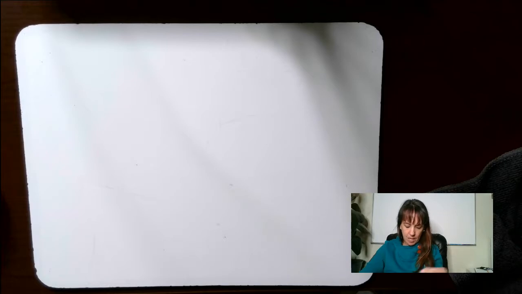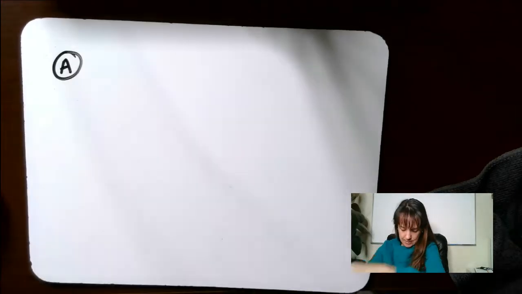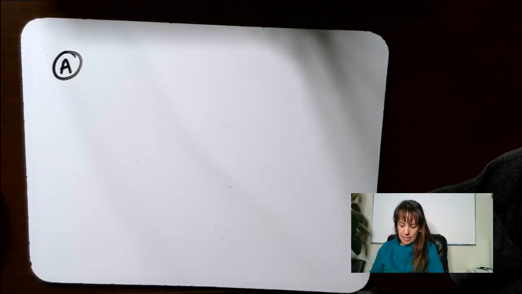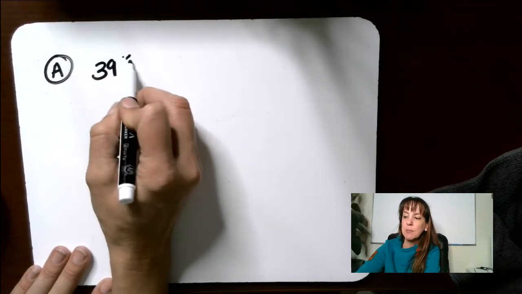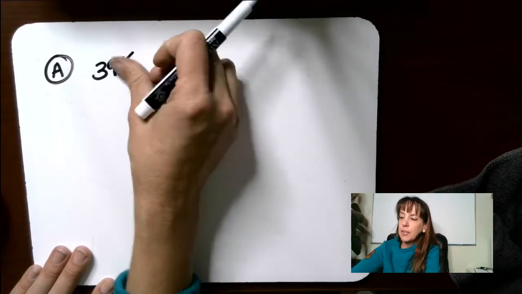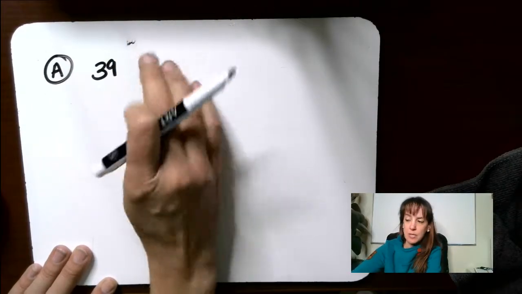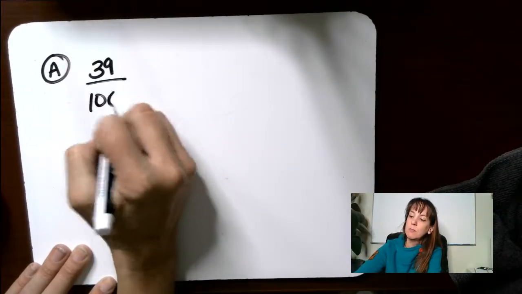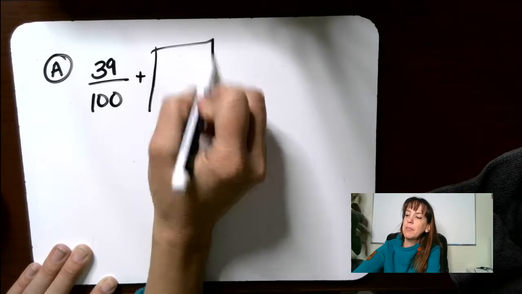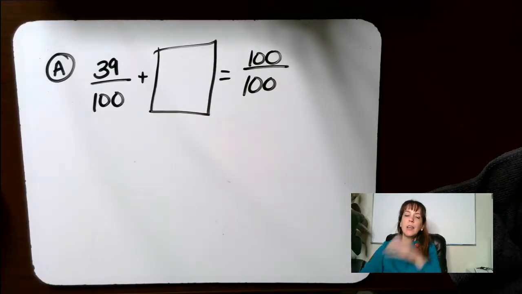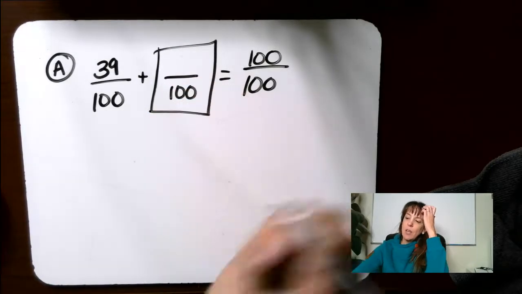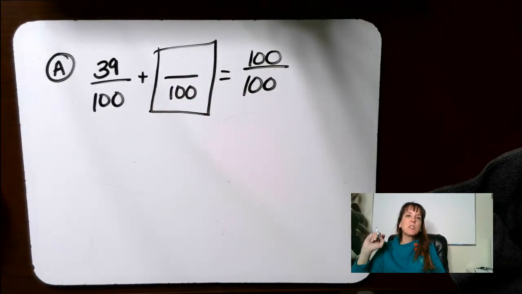All right, so for A, it says only 39% of the lights were on. What percent were off? 39% can be written as 39 over, and there were 2 dots in that percent sign, 2 zeros. Plus something gives us 100 over 100. So 39 plus something gives us 100.